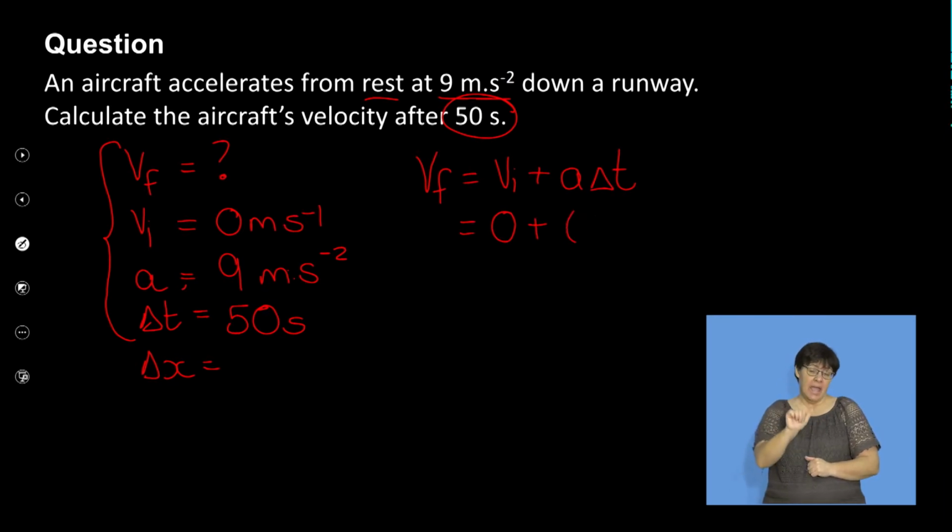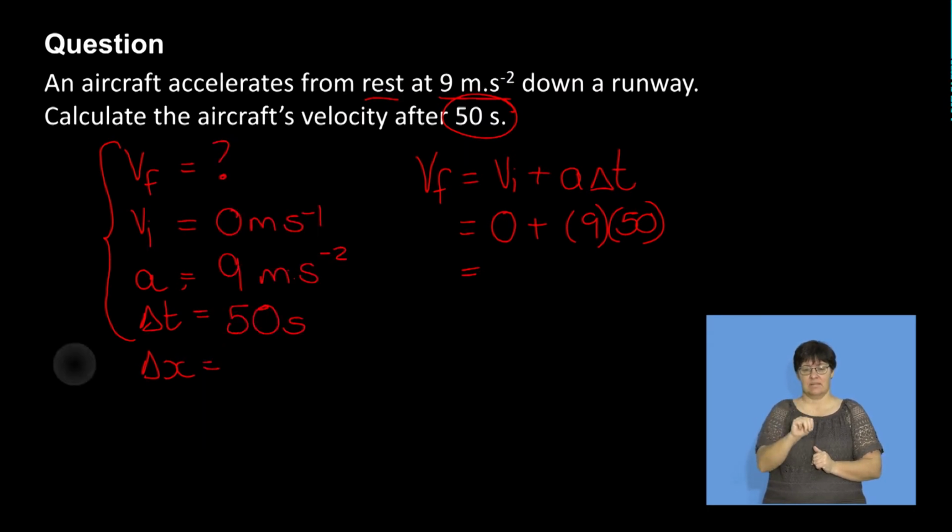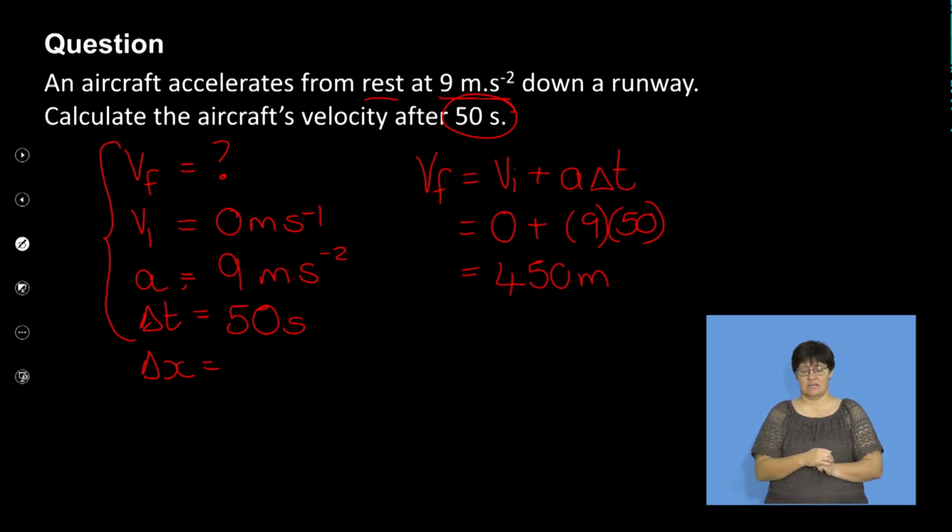A is 9, T is 50, and of course we need to put this into our calculators. So 9 times 50, 450 meters, well, 450 meters per second.